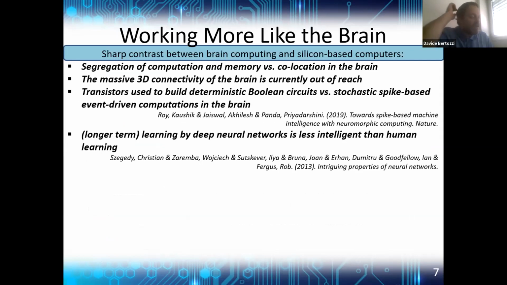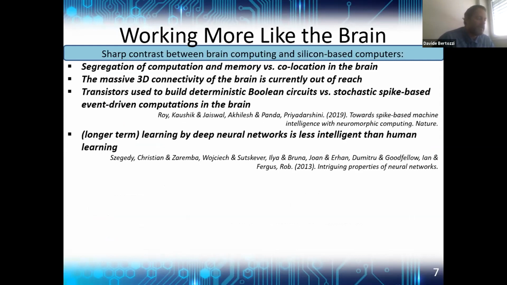Well, if we look more carefully, we can immediately observe that deep neural networks running on top of silicon computing platforms have some biological inspiration only, but are still quite different from the brain, both in the learning methodology and in the computing concept. There exists, in fact, a sharp contrast between the computing principle of the brain and those of silicon-based computers, as we can see in this list.